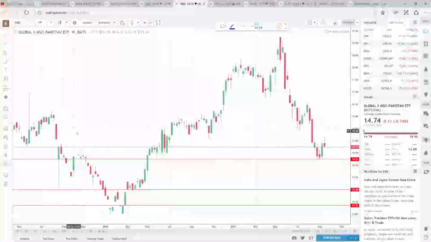Let's see. We want to find 3 candles, remember. This level looks pretty good. Let's see. Let's get it to even. Okay, cool.